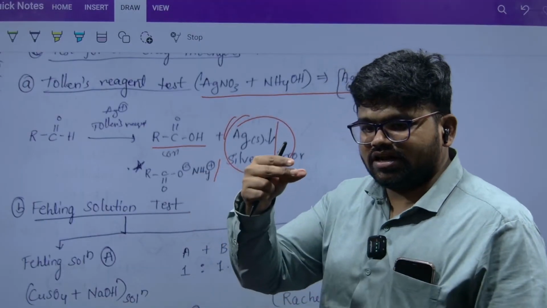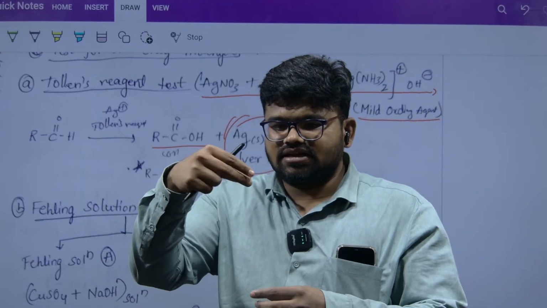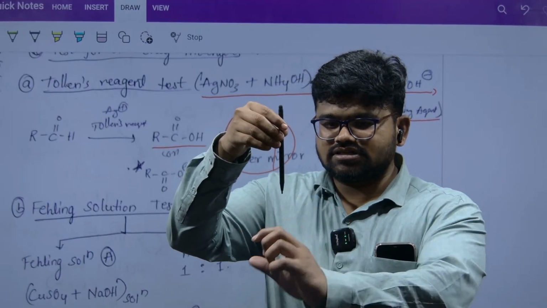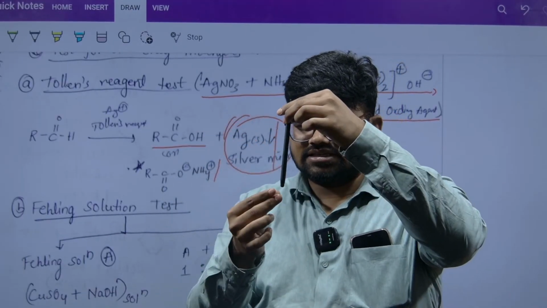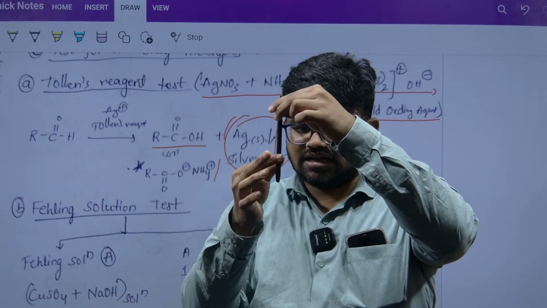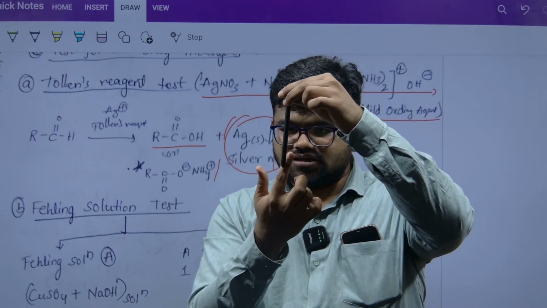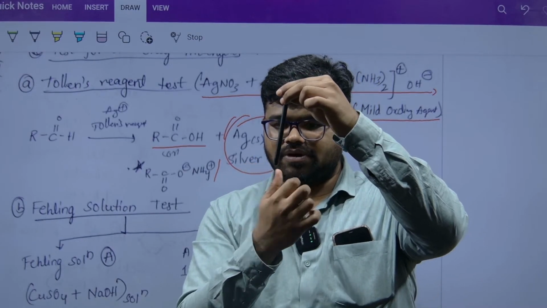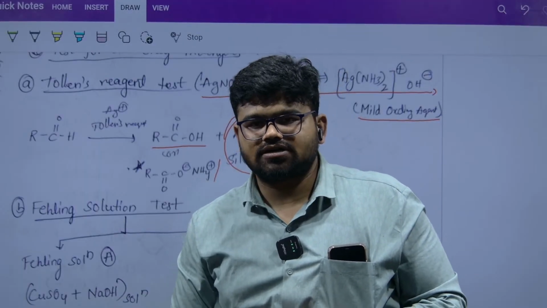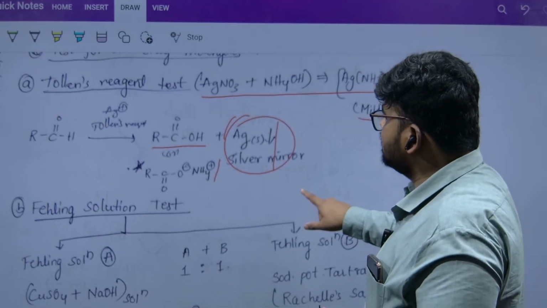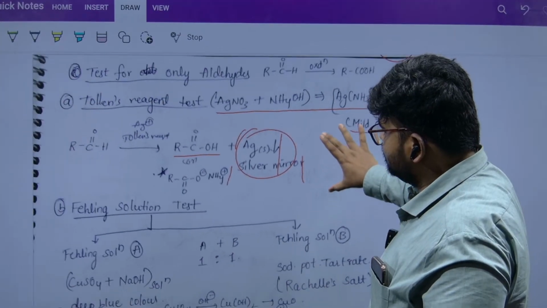Whenever you use this reaction, you can see a silver color formed on the walls of that test tube. Got the point? Then we call it Tollens reagent.